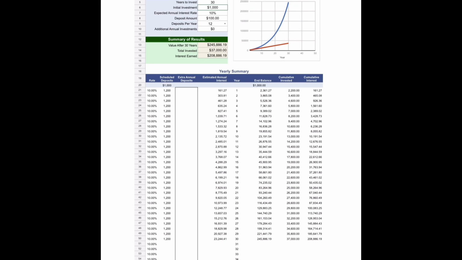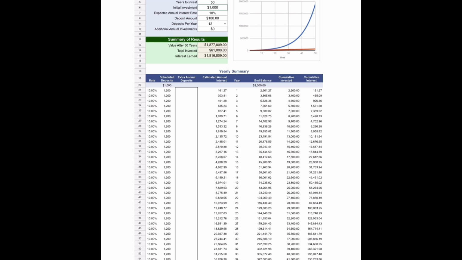Now we add another 10 years to the investment time horizon. Almost $250K after 30 years. After 40 years, you've almost invested $50K. Look at that account value. You're coming pretty close to millionaire status at this point. And after 50 years, if you were to follow this investment strategy for 50 years, I just want to give you guys an idea of what a millionaire situation would look like.